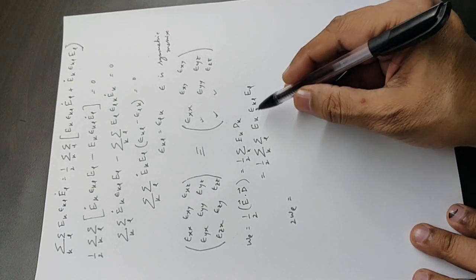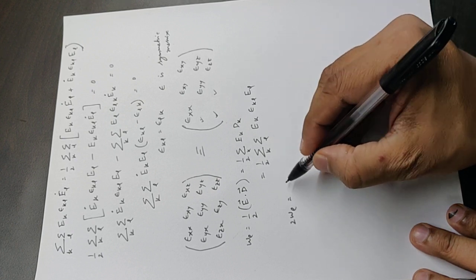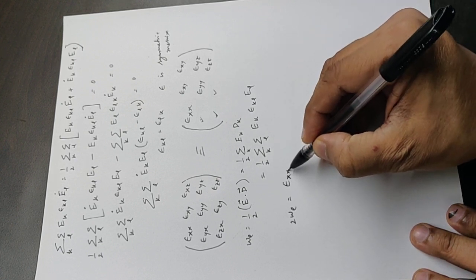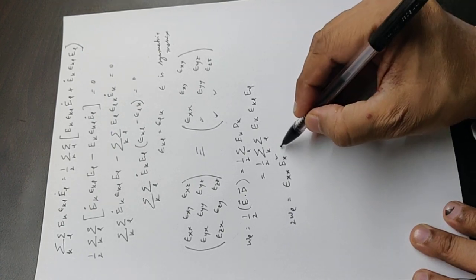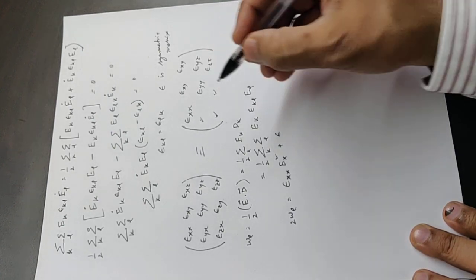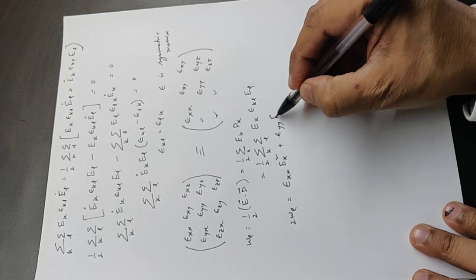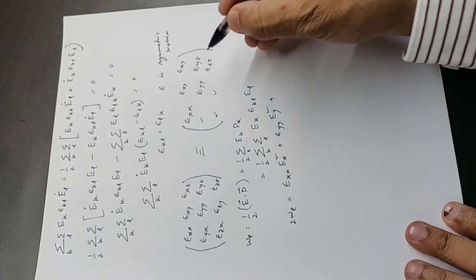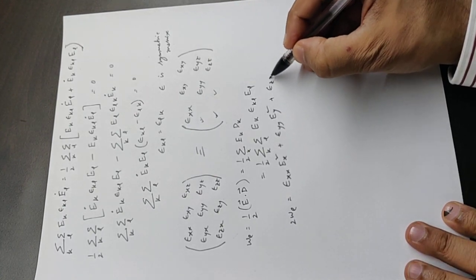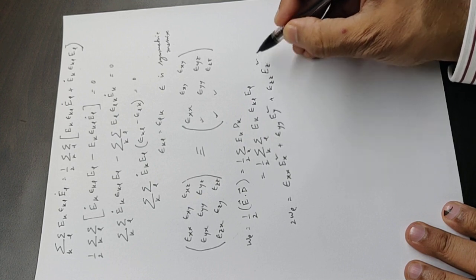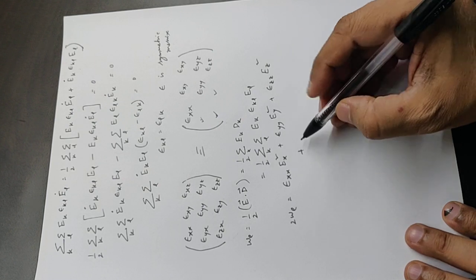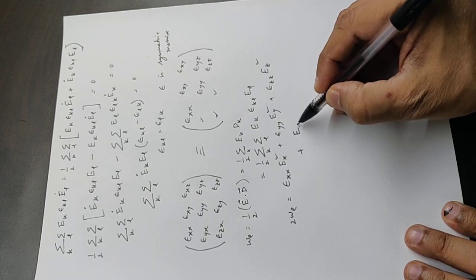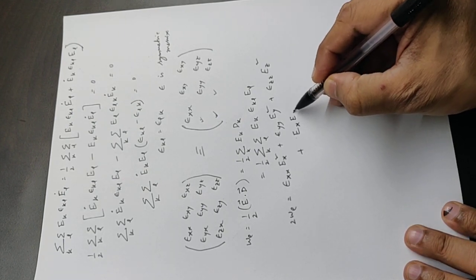So when k and l both are x, epsilon xx, you'll have Ex square, because Ex and Ex. Similarly, when both are y, epsilon yy, Ey square. When both are z, epsilon zz, Ez square. When one of them is x, the other is y, then epsilon xy, Ex Ey.